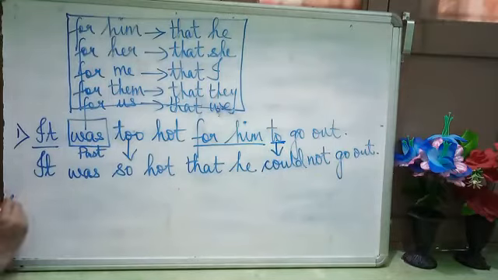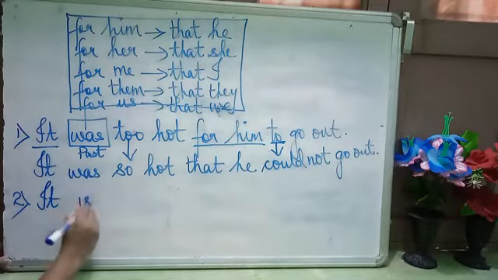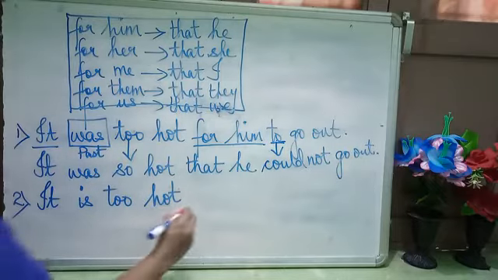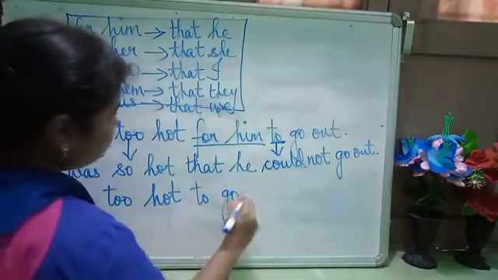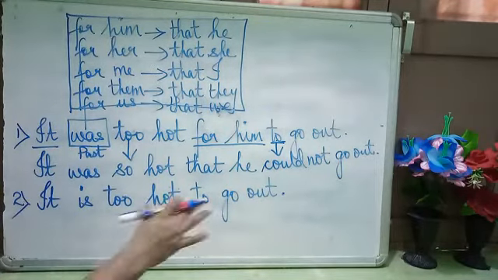Now, the second sentence. See what difference there is in the second sentence. "It is too hot to go out."